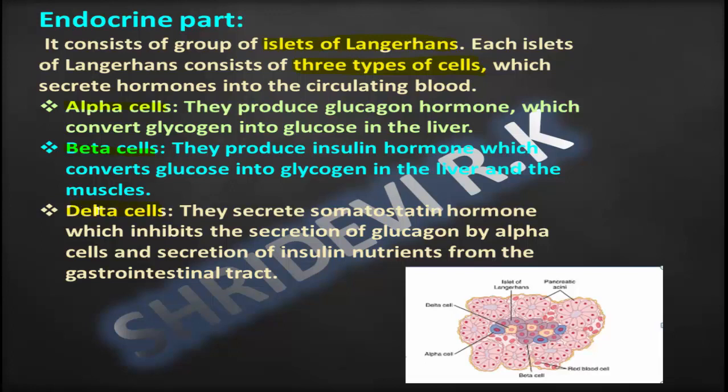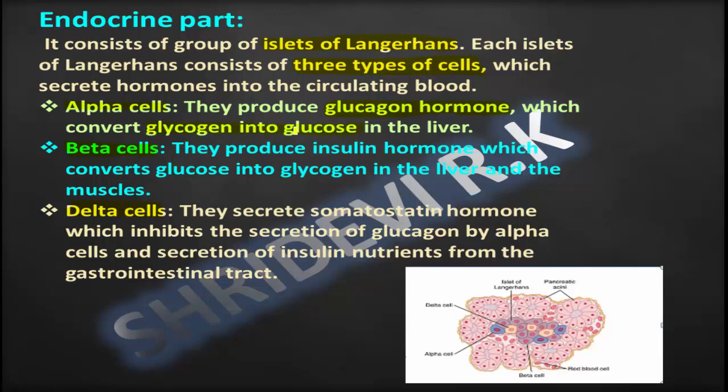All the 3 are very important, and all the 3 secrete different hormones. Alpha cells produce glucagon. Remember, the alpha cell is sometimes marked with a capital letter A, the A cell. They produce the hormone called glucagon, which converts glycogen stored in the liver into glucose.